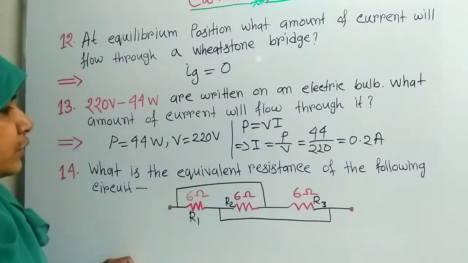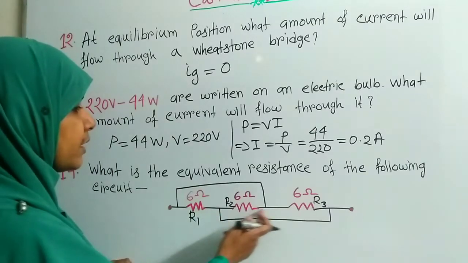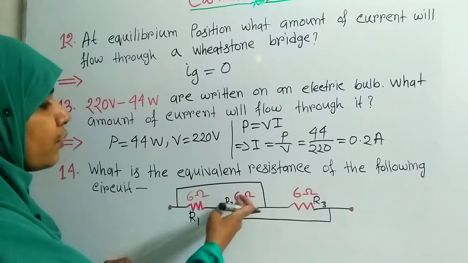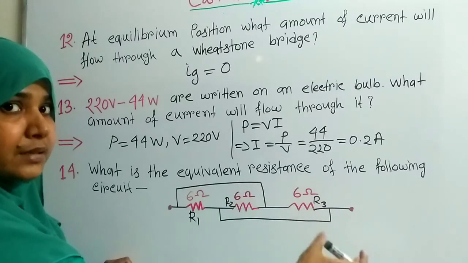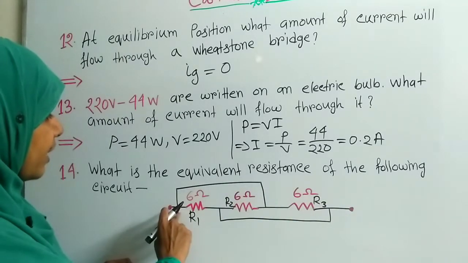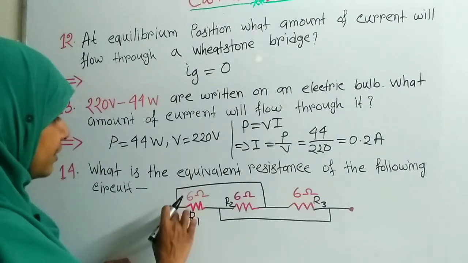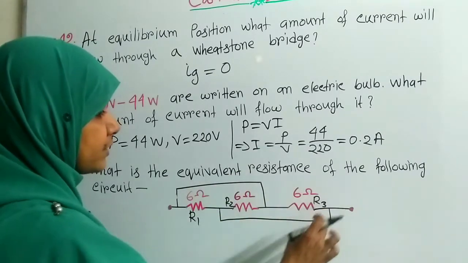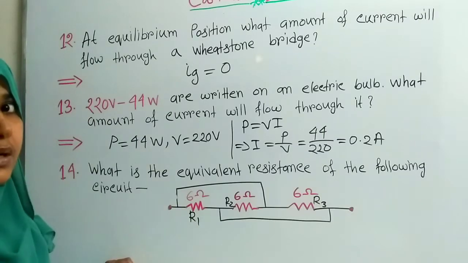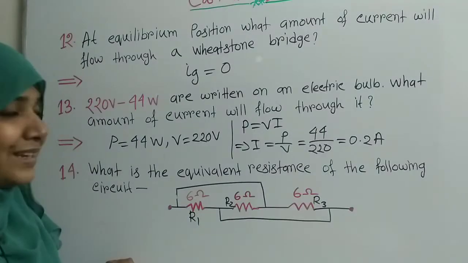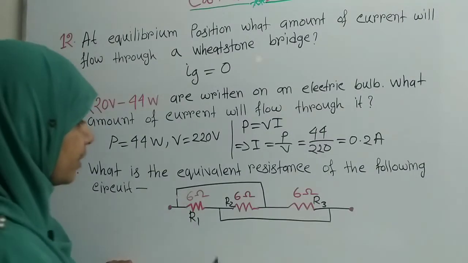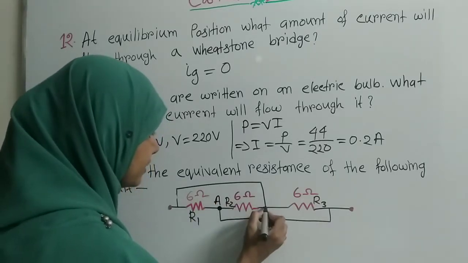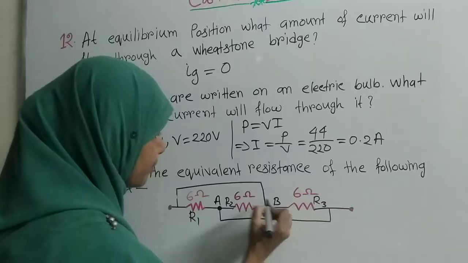Now you can say that these 3 resistances are in series combination as they are connected one by one. But here you can see that one wire is connected here and another conductor is connected here. So if you see it carefully, then if we put that this is a common point A and this is a common point B.